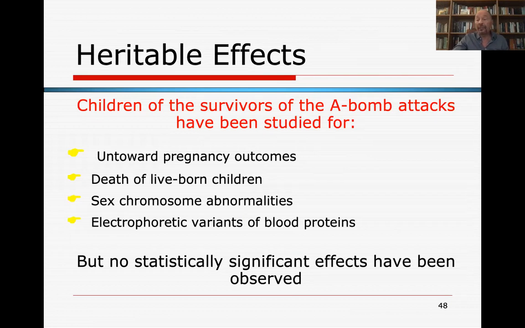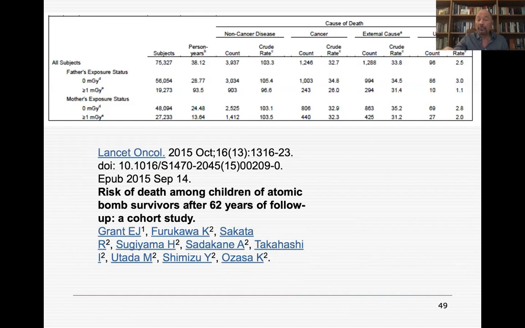No hereditary effects. This is one of the last papers, from 2015, so it's relatively recent, and this is the risk of death among children of atomic bomb survivors after 62 years of follow-up, a cohort study, and there is no effect.